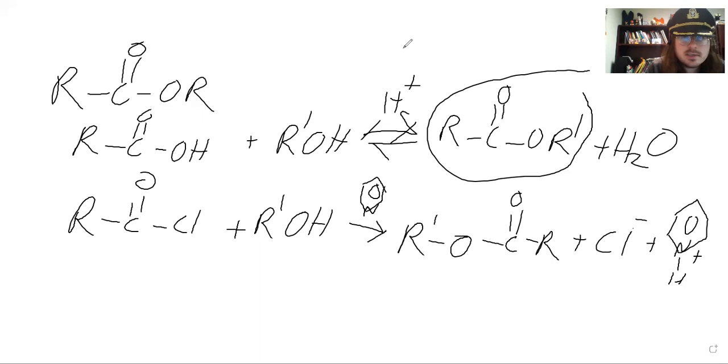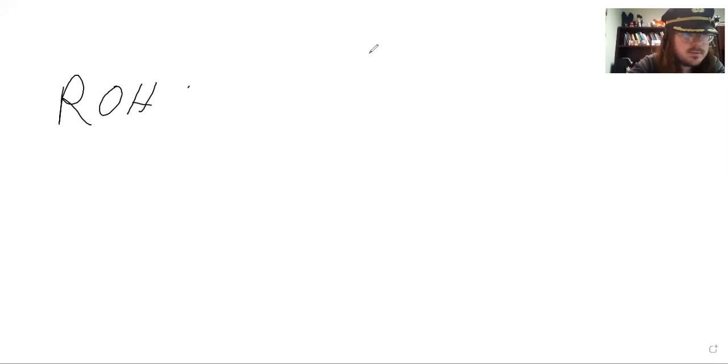Now there's some other esters that do some similar things. You can have some inorganic esters, like the ones formed with thionyl chloride. Remember that? We did that. We can do the same thing. ROH, that was essentially esterification.